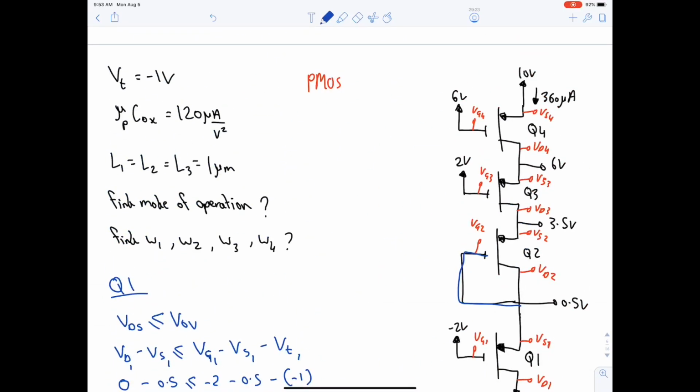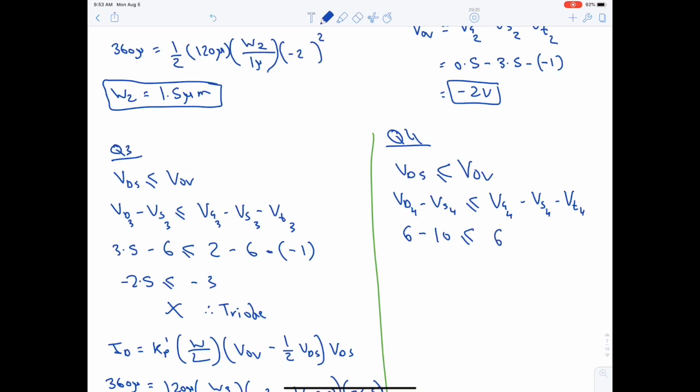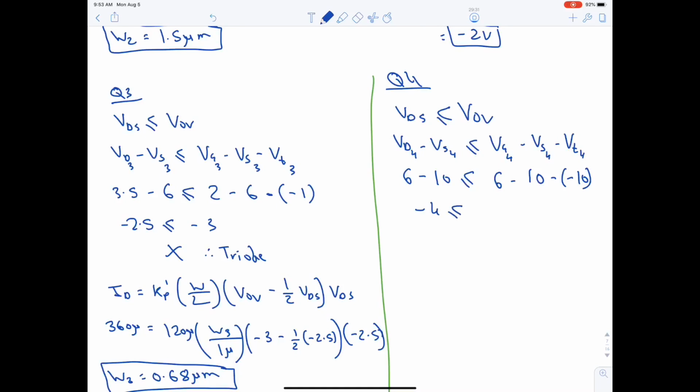VG4 is 6. 6 minus 10 is minus 4. Is minus 4 less than VOV, which I computed as 6? Yes, I guess it's right. So is minus 4 less than 6? Yes, it is, therefore saturation.